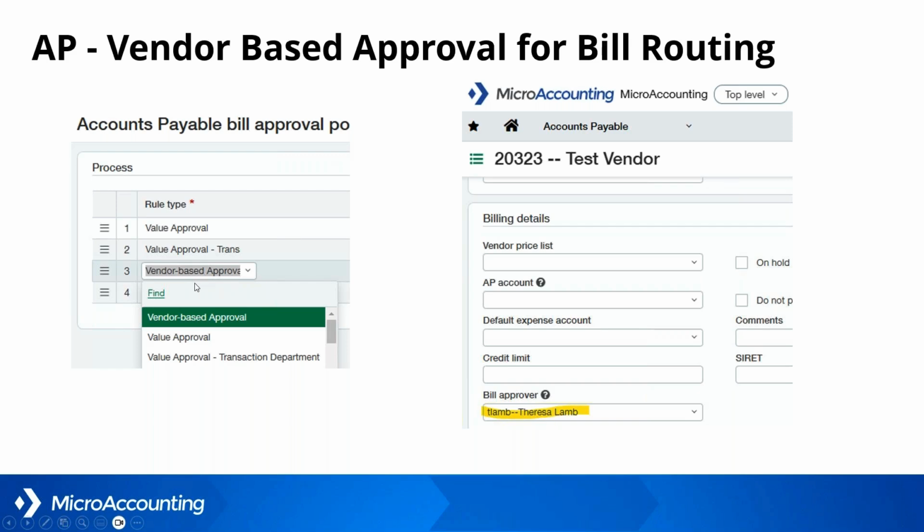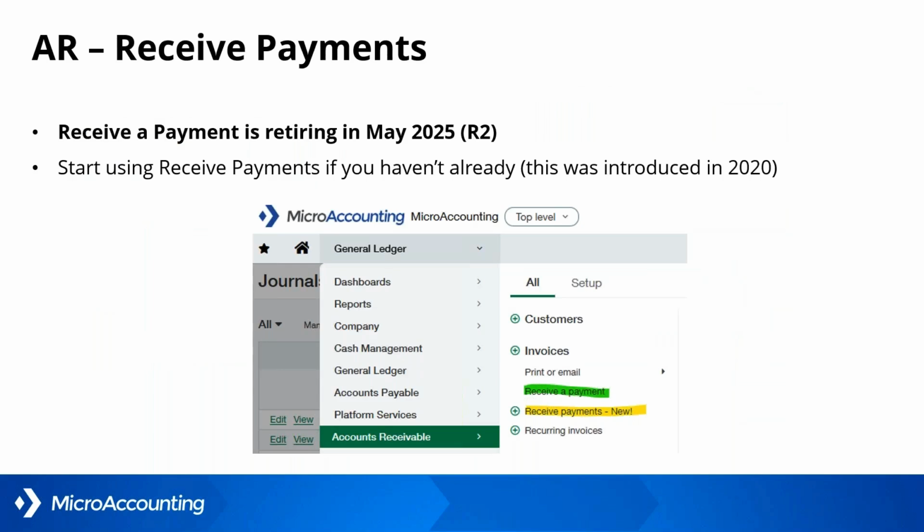Once I set that up, then on the vendor itself, over on the right, you'll see I have a bill approver. I can set an unrestricted user, which means they can't be restricted to specific entities. An unrestricted business user or an employee user can be set up as the approver, and we can also set up user groups for those approvers as well.